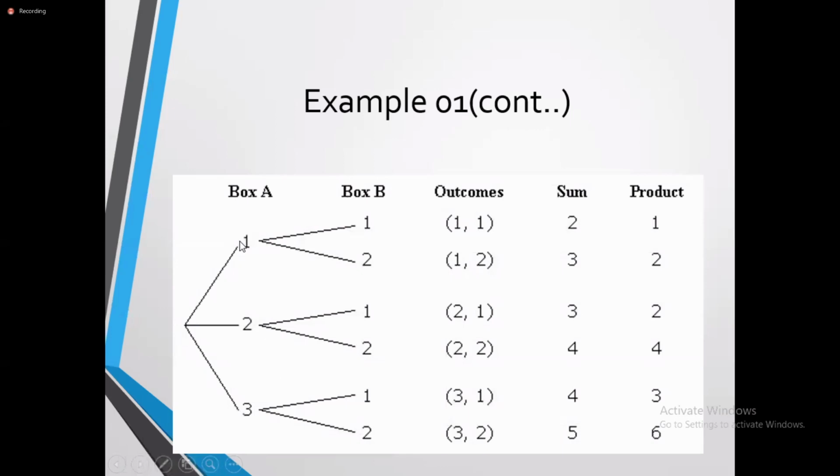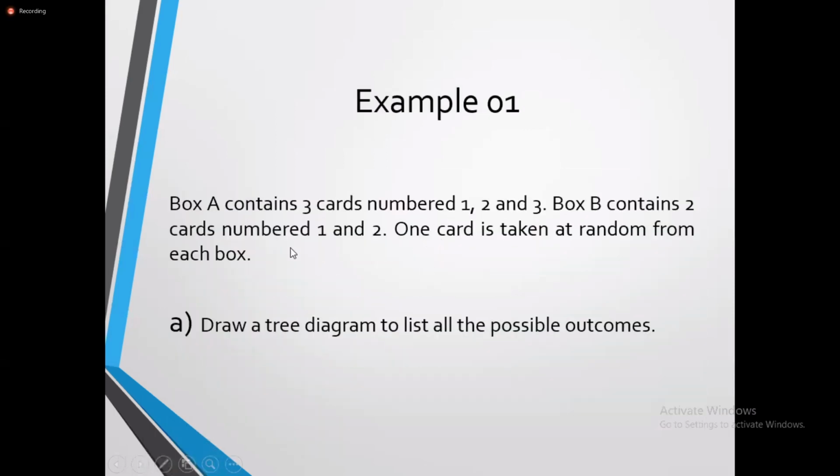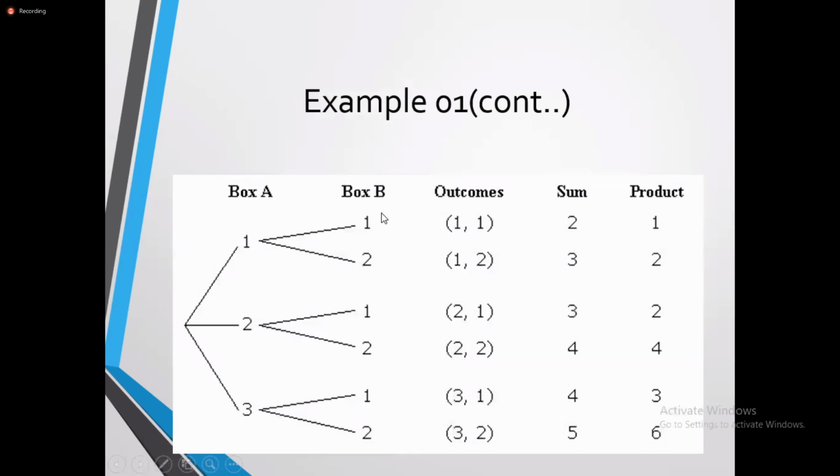Therefore, we may get either 1, 2, or 3 from box A. Now we finished drawing the outcomes of box A. Then we need to draw these branches for the outcome of box B. If we select one card from box B, how many possible outcomes are there? Box B contains only 2 cards. Therefore, we may get either 1 or 2 from box B.